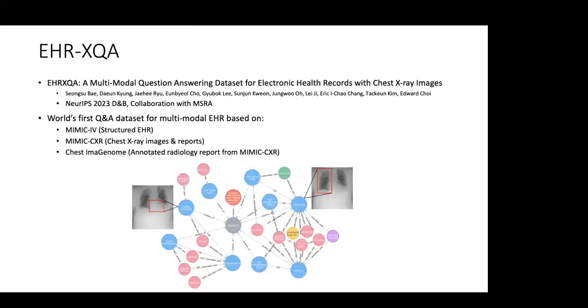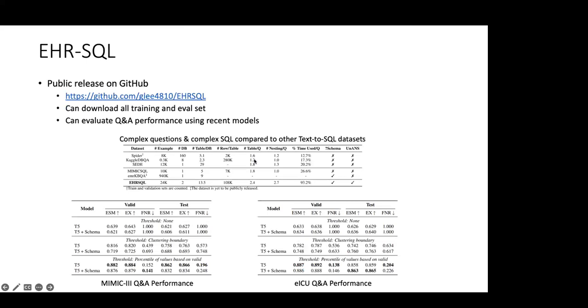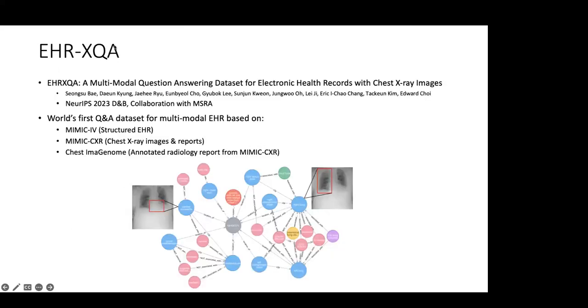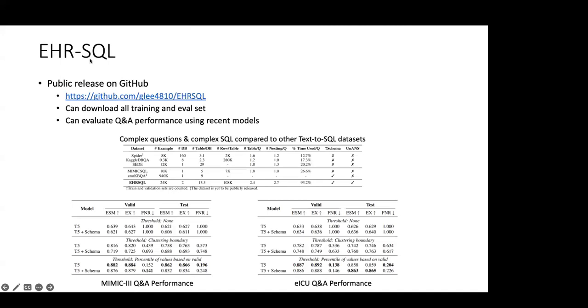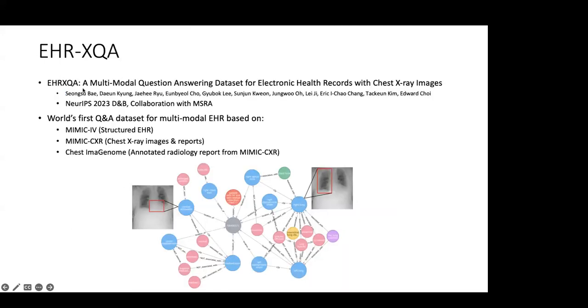And after this, obviously we wanted to expand it to a multimodal setting. So that's where EHRXQA comes in, which was recently accepted at NeurIPS 2023. This tries to build on top of this by incorporating X-rays. Thankfully, MIMIC-IV has structured EHR, which is tables, and there is something called MIMIC-CXR, which is chest X-ray images and reports.